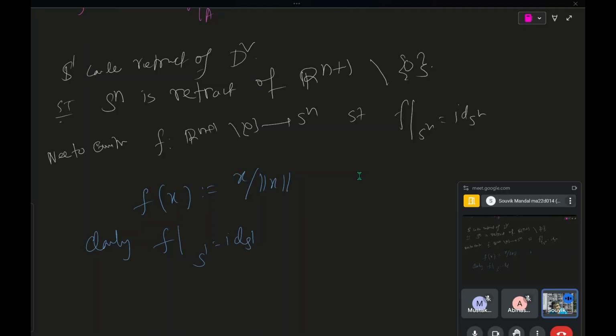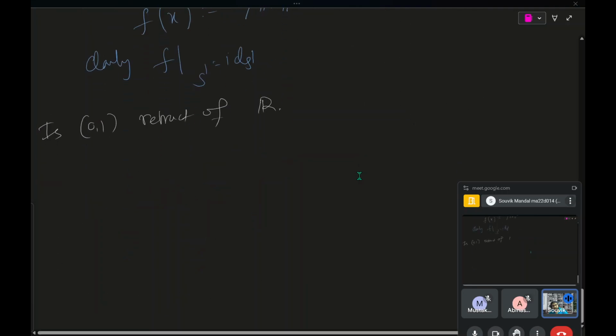Now one may ask, is the open interval (0,1) a retract of the real line? Suppose R^2 is... suppose (0,1) is a retract.